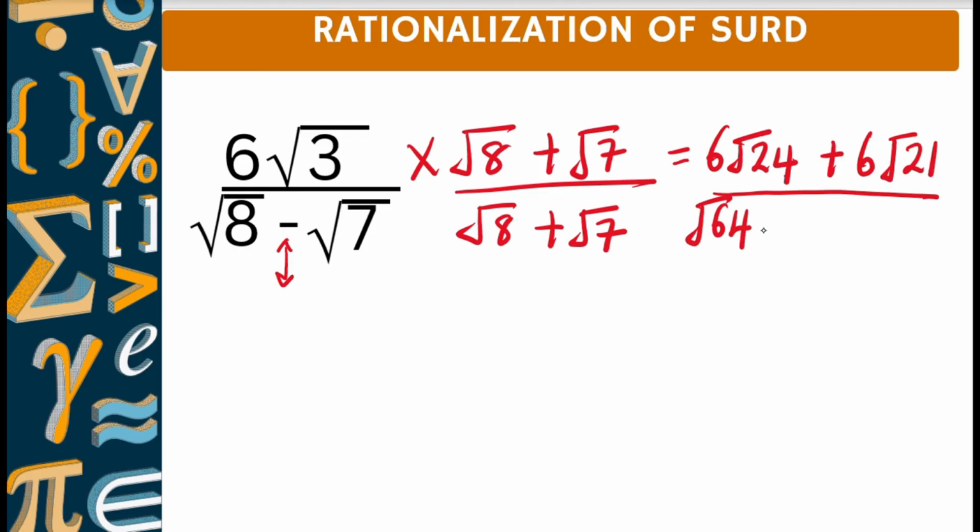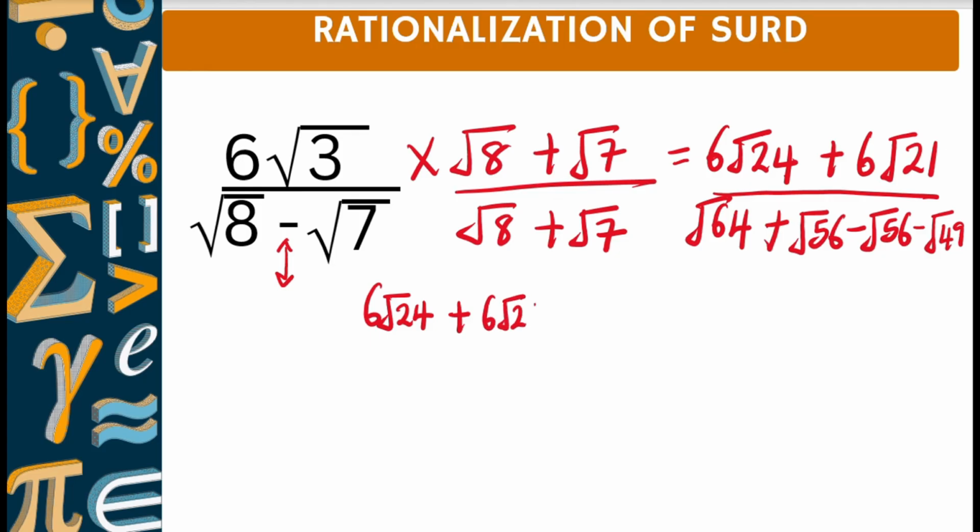Now this will be plus root 56, and this will be minus root 56, and the last one would be minus root 49. So solving this, I will have 6 root 24 plus 6 root 21 all over, and this will definitely give me 0 for the middle terms. So I'm left with root 64 minus root 49.